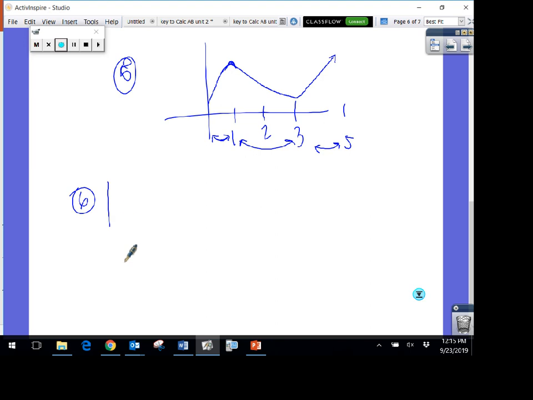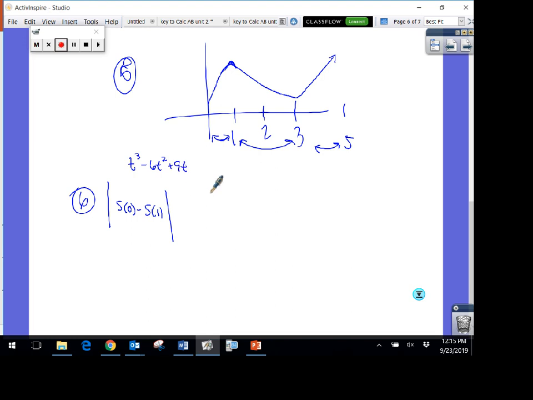So it's the absolute value of the position at 0 minus the position at 1. Or 1 minus 0. It doesn't matter because we're taking the absolute value of that. It doesn't matter which way you do that. And our position function was t cubed minus 6t squared plus 9t.